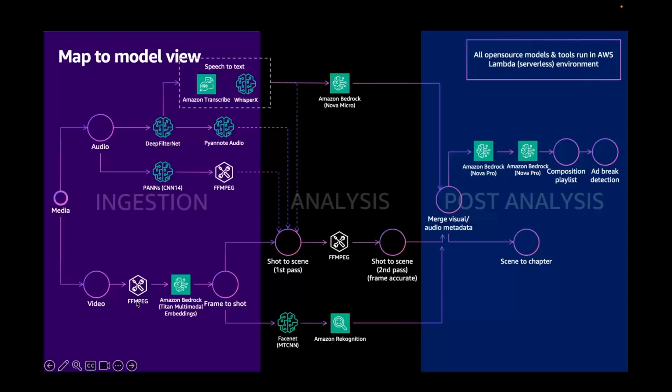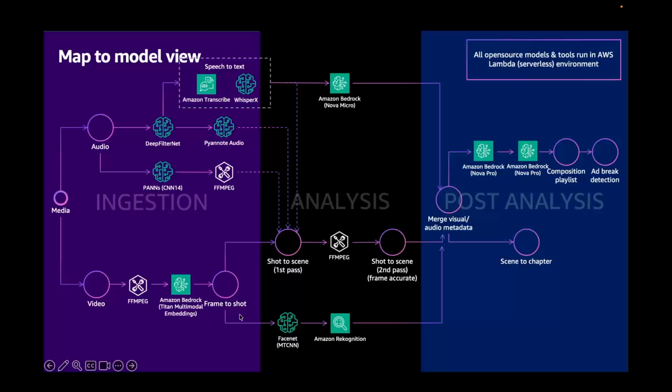Additionally, the video goes through some media info collection. It's then sent to Amazon Bedrock Titan multimodal embeddings that help to enable the analysis that creates the designation between frames into shots. Those shots are then fed into a shot-to-scene analysis that produces a set of scenes.